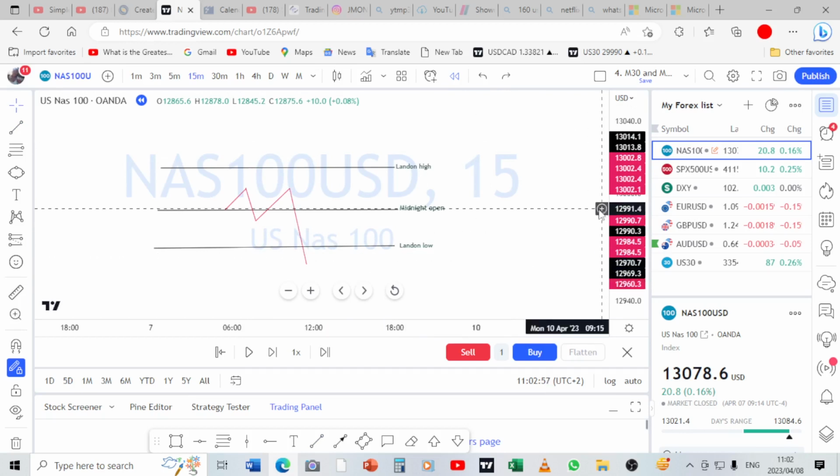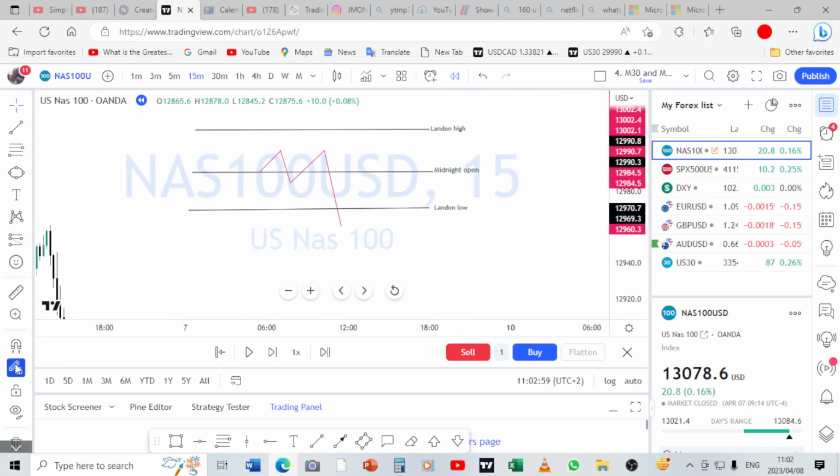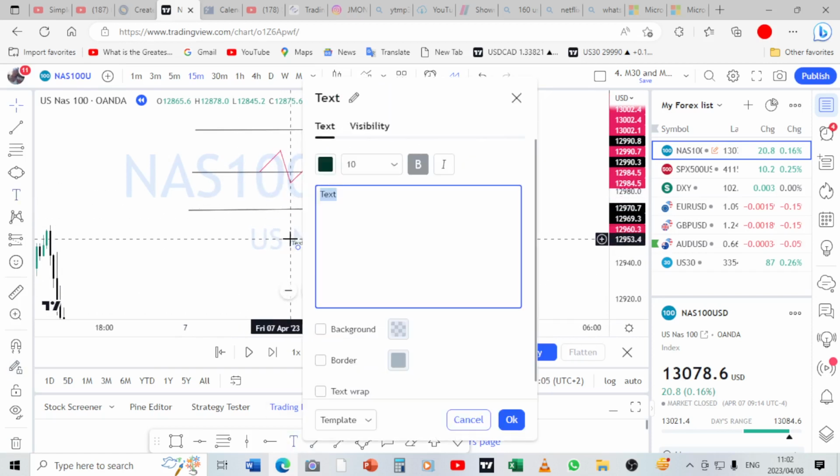When do you want to see the market take the low? When do you want to see this happening? It's very important. Between 12 a.m.